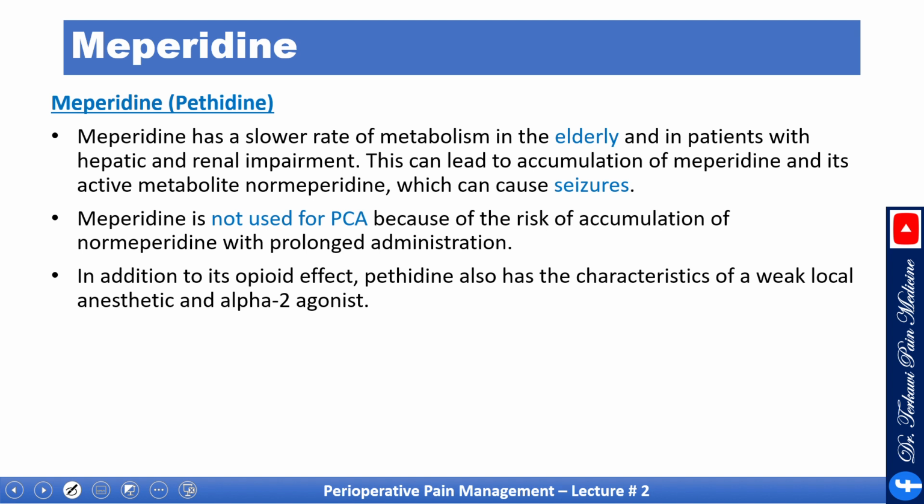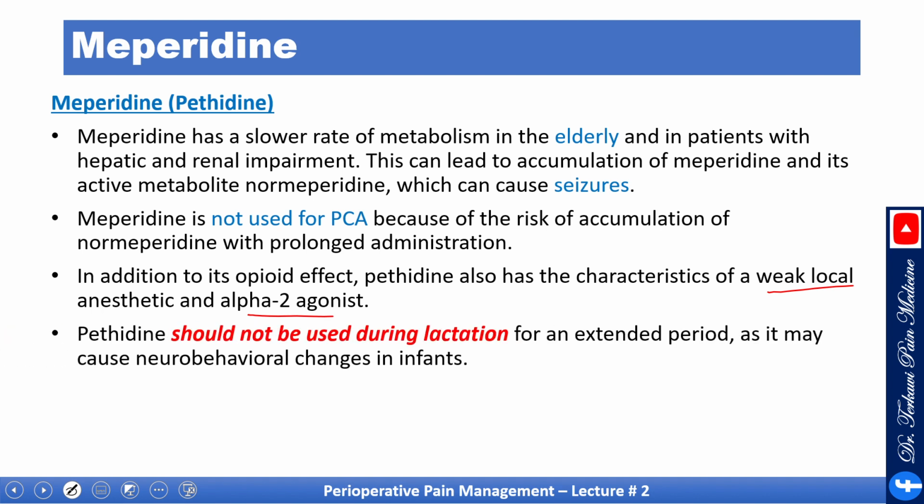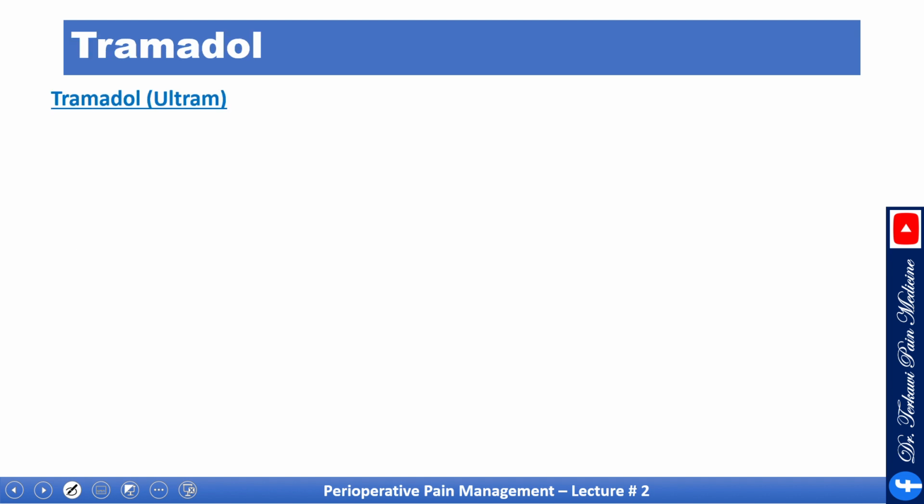In addition to its opioid effect, meperidine also has characteristics of a weak local anesthetic and alpha-2 agonist. Meperidine should not be used during lactation for an extended period, as it may cause neurobehavioral changes in infants.